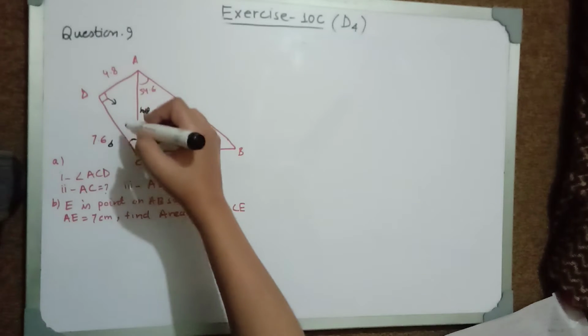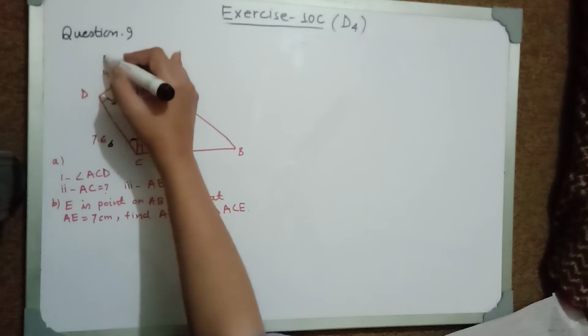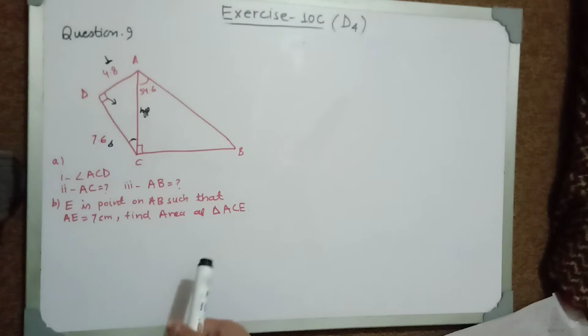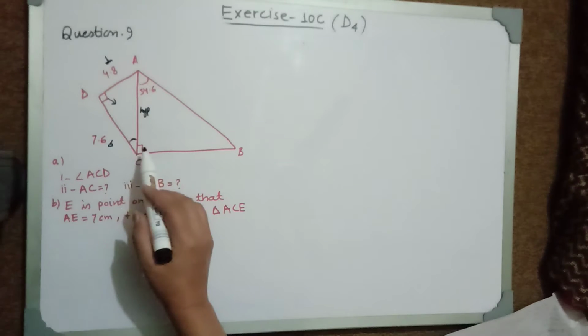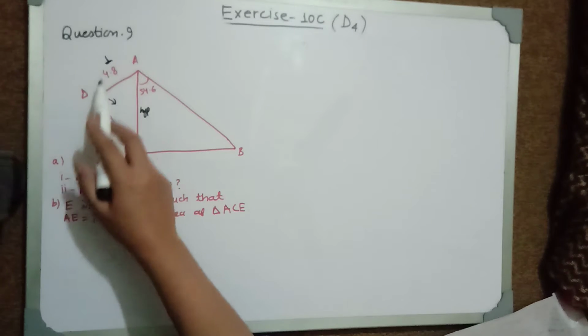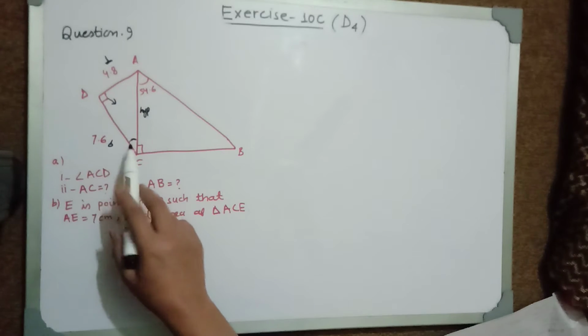And the other side that is remaining is called perpendicular. So here I can see that if I apply the trigonometric ratio of tan theta, it is equal to perpendicular over base. I know the value of perpendicular, I know the value of base, so I can find this angle.